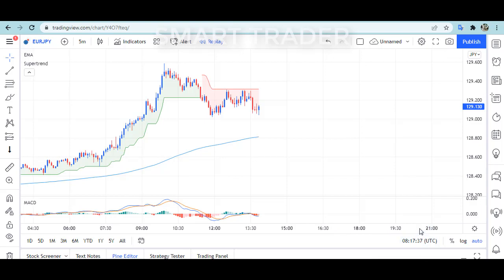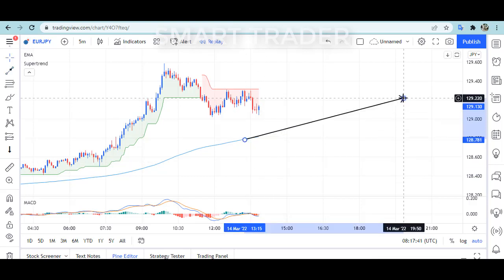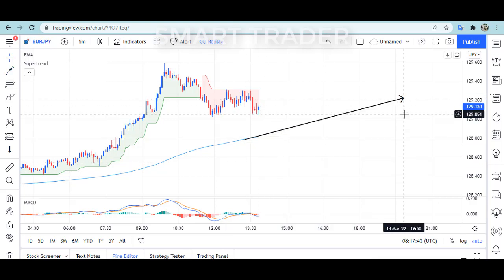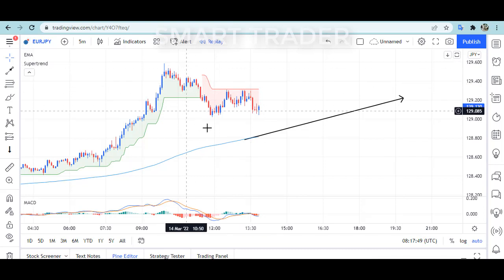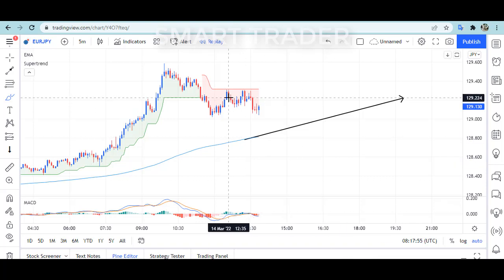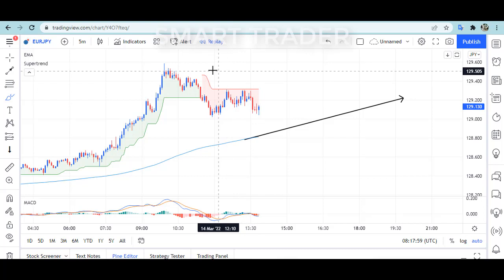When price is above the 200 EMA, the market is in an uptrend, so we focus on buy. And we identify the market in a downtrend, or corrections in the uptrend. How can we identify the corrections? We use the Supertrend.